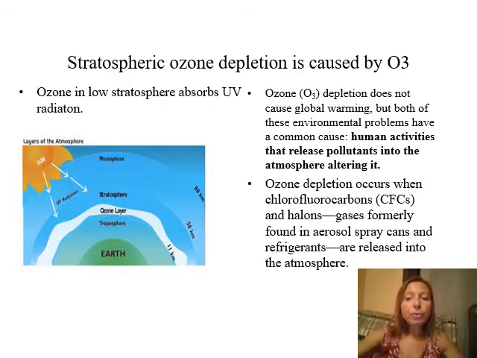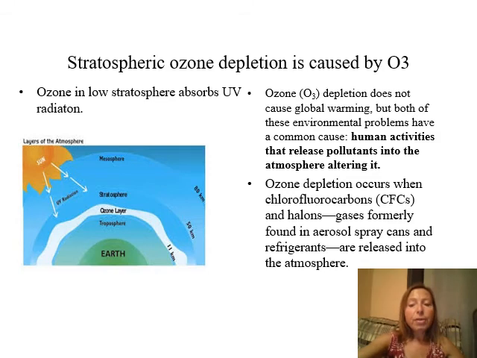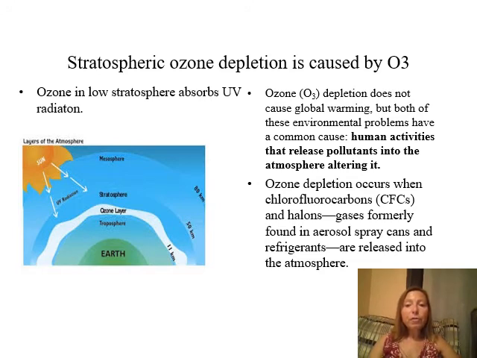So the third group of processes that is associated with human impact on climate system is the depletion of the ozone layer in the stratosphere. Now, it's important to understand that the ozone can be found in the troposphere and in the stratosphere. When we find the ozone in the lower level of the troposphere where we live, this ozone is entirely caused by man-made pollution.